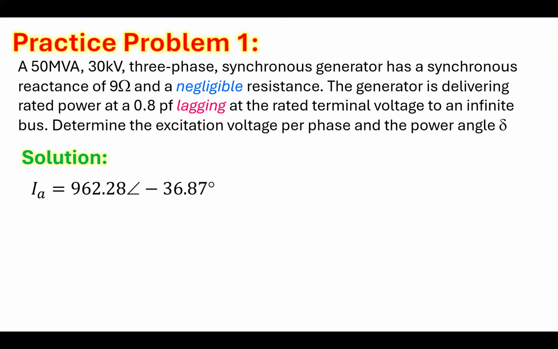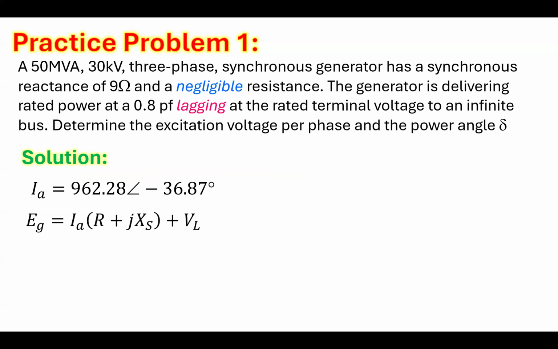Now, we already have the value of the armature current. We will attach the angle, that is negative 36.87 degrees, because the power factor is lagging.